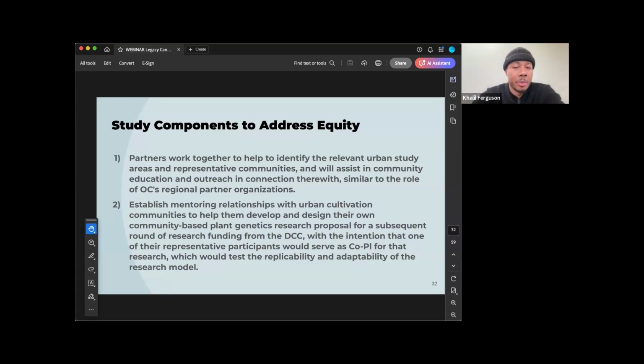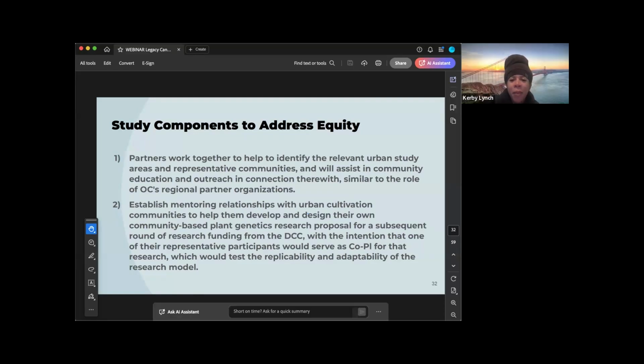Kirby, Dr. Lynch. Hey, yeah, I just wanted to come on the line and say great presentation. What's resonating with me is around trust. Trust is so important in the research process because Khalil and I have worked on a similar research project, and one barrier I had was building trust with participants for them to really share and feel like it's going somewhere that won't get them in trouble.